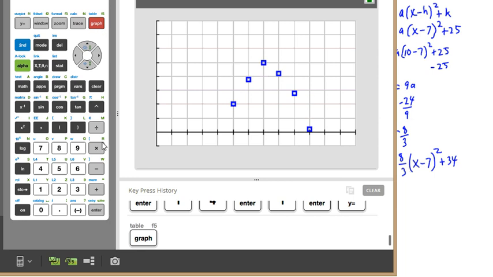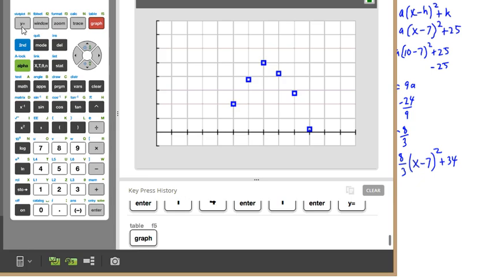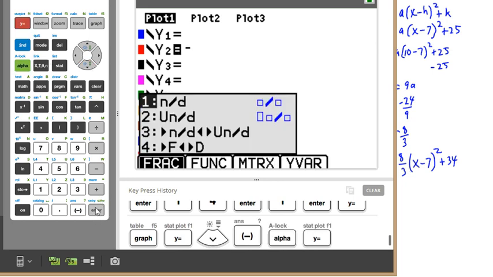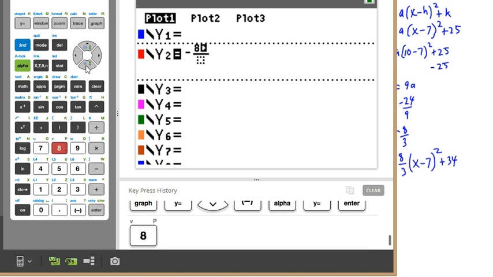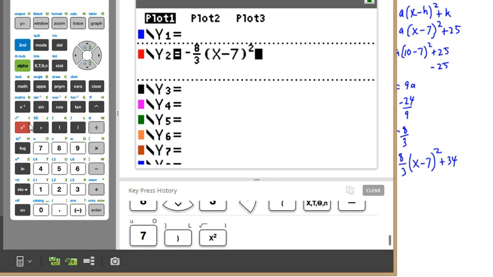Let's go and get that equation that we determined, and that equation is going to be negative 8/3 quantity x minus 7 squared plus 25. So here we go. I'm going to go down here. So put negative 8/3 times quantity x minus 7, close parentheses, squared plus 25.